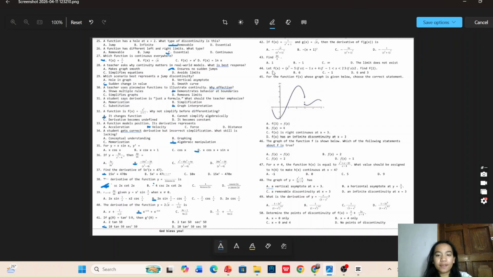Number 42, if f of x equals 1 all over x squared plus 1 and g of x equals the square root of x, then the derivative of f of g of x is, so this is applying the chain rule again. Now let's try to plug g of x into the f of x.